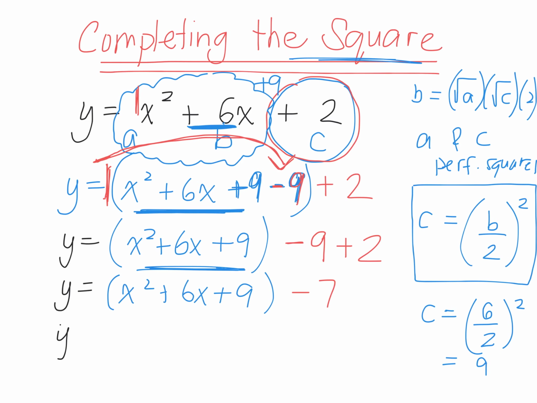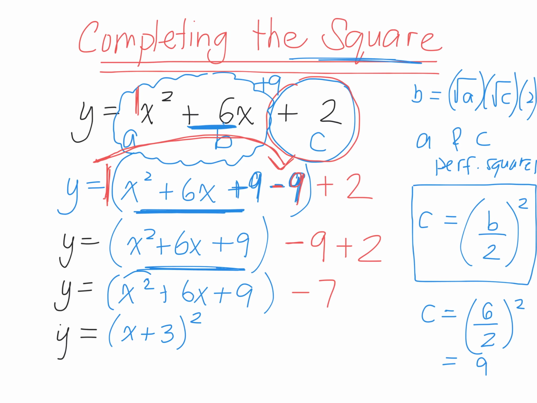So let's factor. What is x squared plus 6x plus 9 written in factored form? How do you factor a perfect square trinomial? Yeah, what's the answer? X plus 3 times x plus 3, right? Which is x plus 3 squared.